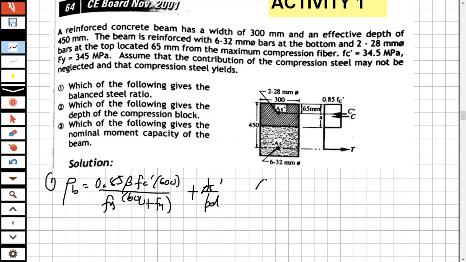Okay? So, again, beta has to be computed kasi nga greater than 30 megapascal yung f'c. So, you have 34.5 minus 30, so this is equal to 0.818.